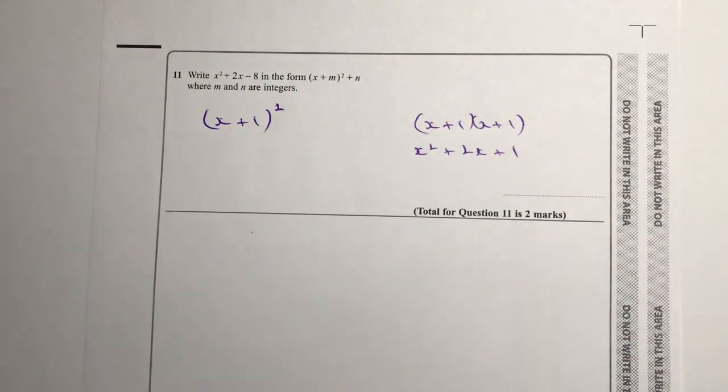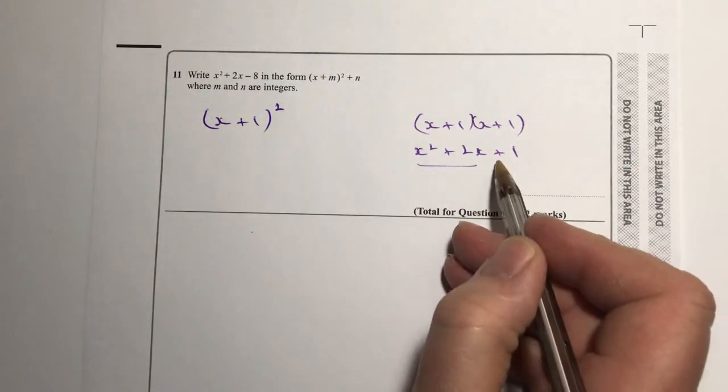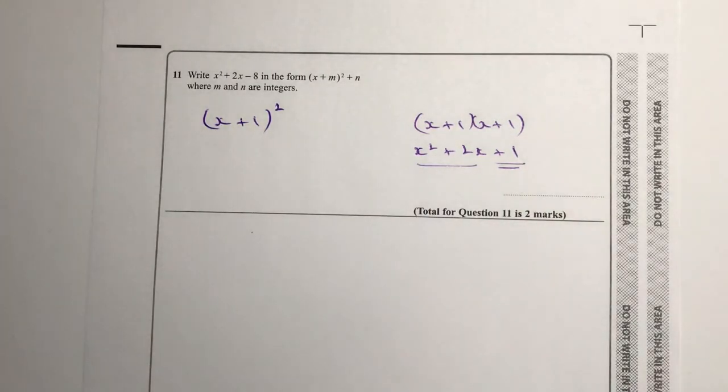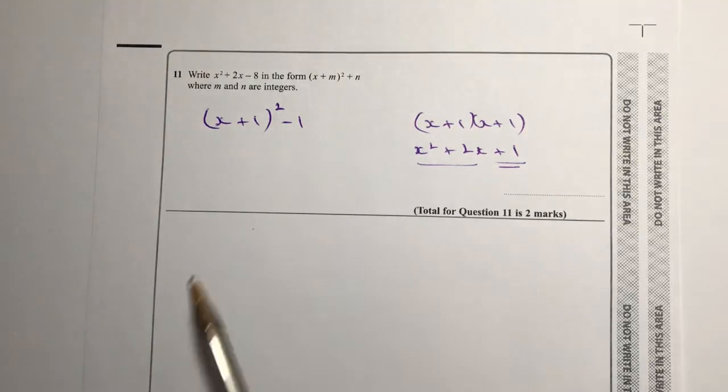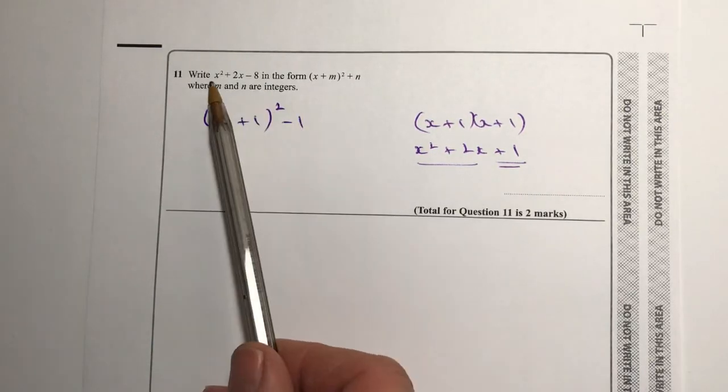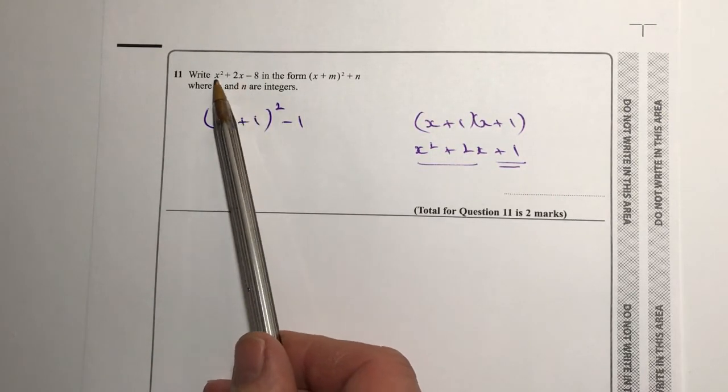So we've got the first two terms, but the problem is we've got this plus 1 at the end, so we minus that 1, and that means this is directly equivalent to the first two terms.